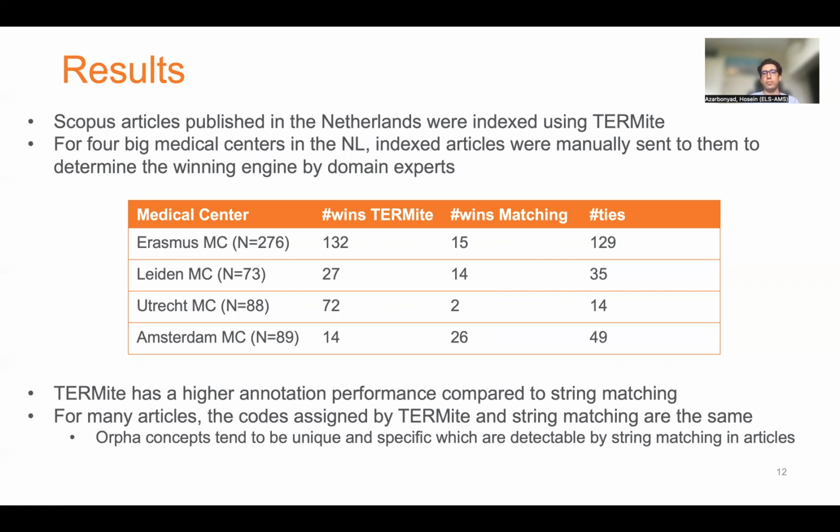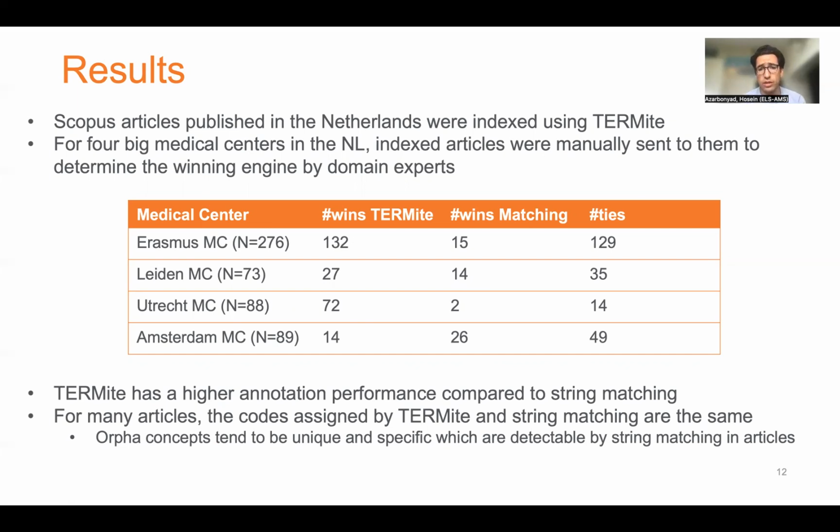Then for 4 big medical centers in the Netherlands, we sent them their index articles, and we asked them to manually inspect which approach performed better. As an alternative to the TERMite engine, we also have the string matching engine. So we sent the annotated articles to these 4 big medical centers and asked them to let us know which engine assigns better rare diseases to their published articles.